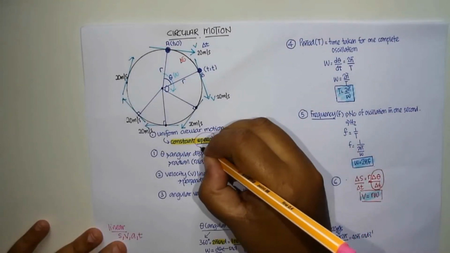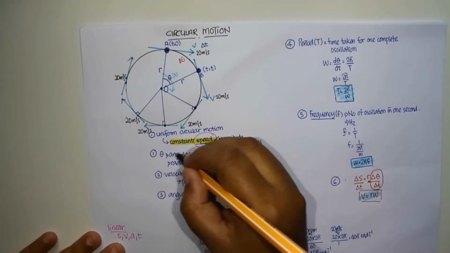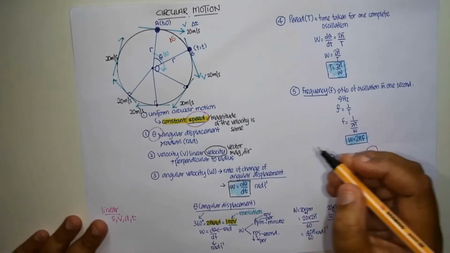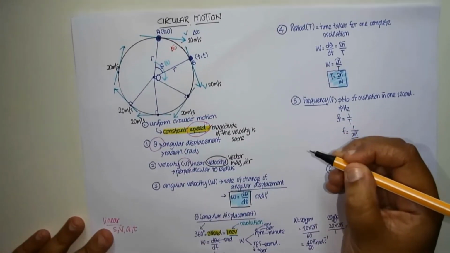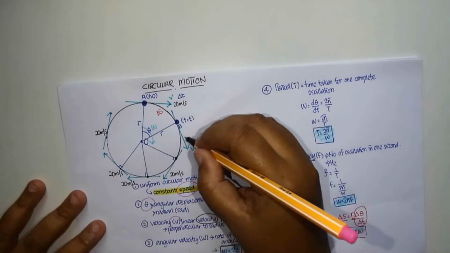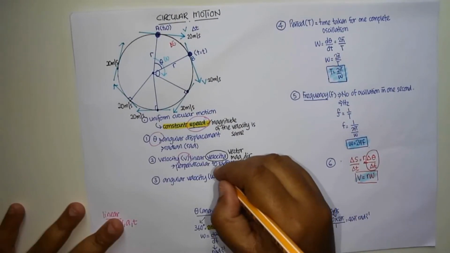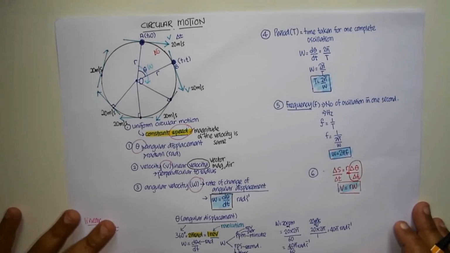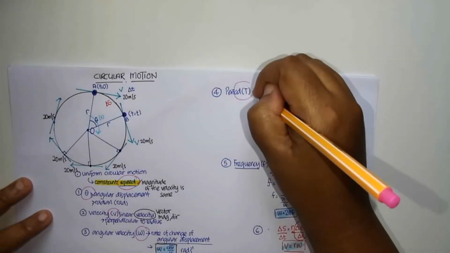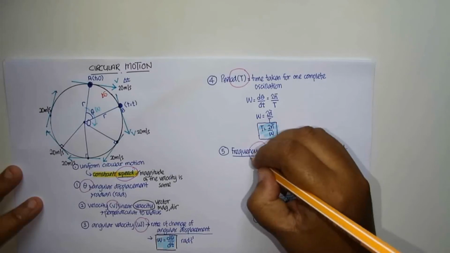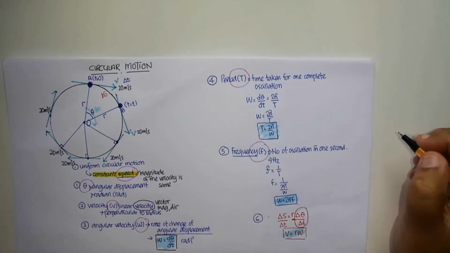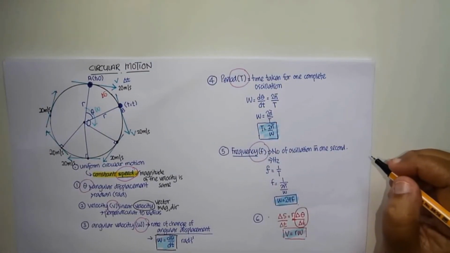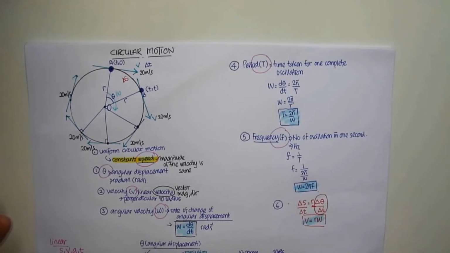We talk about the speed, theta the angular displacement, v the linear velocity, whose direction in the diagram should be like that, and omega, the angular velocity. Then we talk about the period and the frequency, and there's another one that will be in the next lesson. These are all the quantities involved in circular motion.